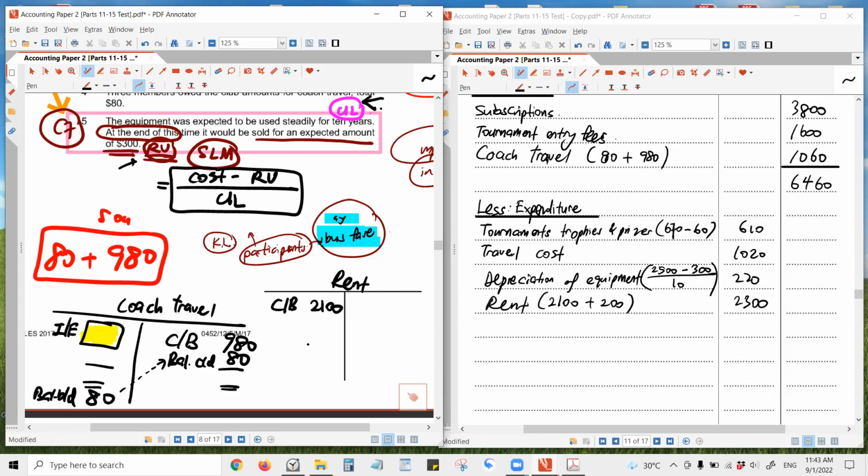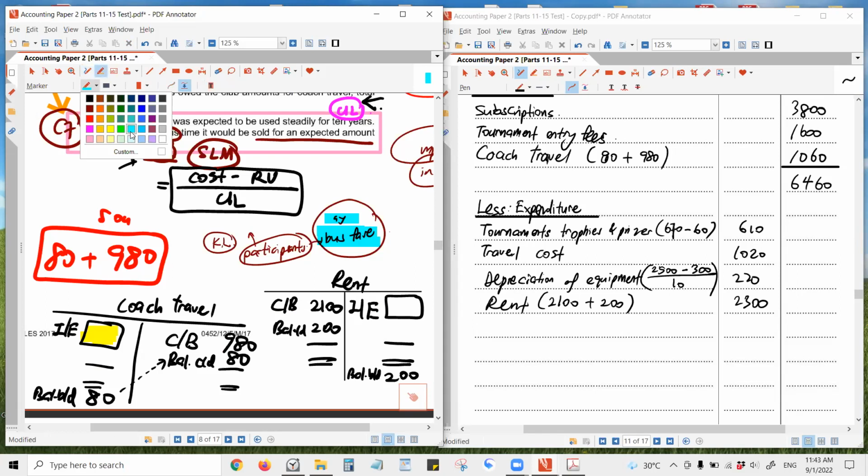And then at the year end, you still owe that person $200. That person means the owner of the place. We are the tenant. 200, balance c/d, balance b/d. You're looking for this amount.